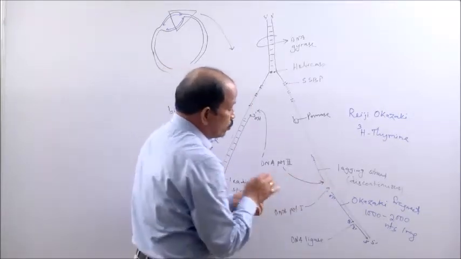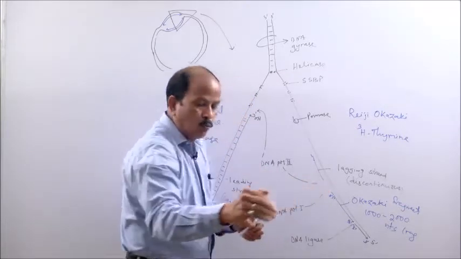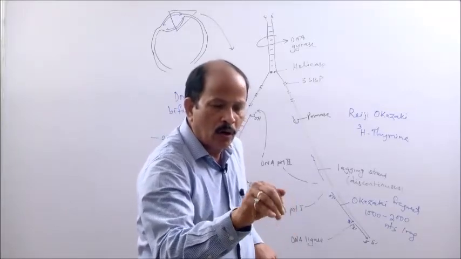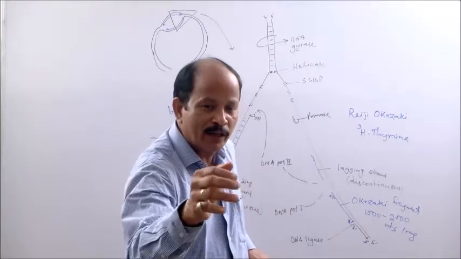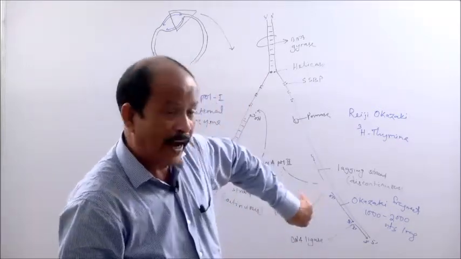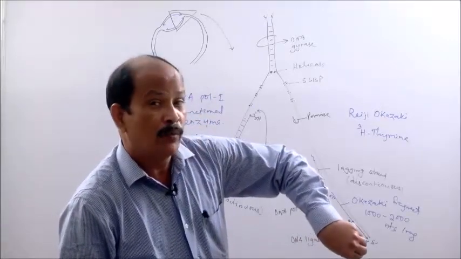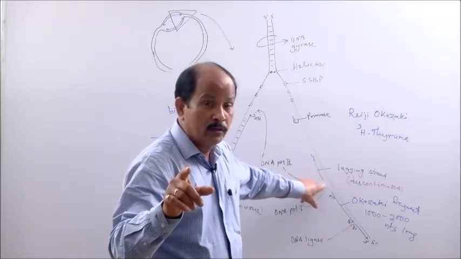So what it does exactly, it removes the RNA in one hand. If I say in one hand, it removes the RNA primer one by one from 5' end, thereby a gap is created. But simultaneously in the other hand, it goes on adding the deoxyribonucleotides to the existing 3' OH end.